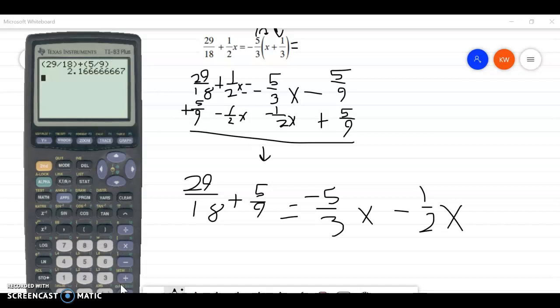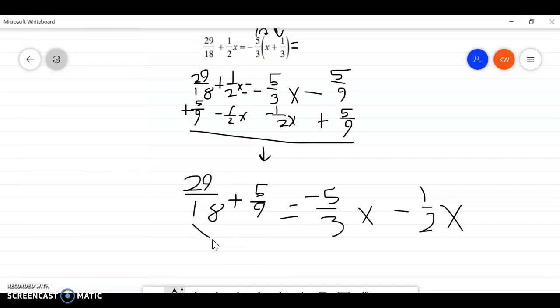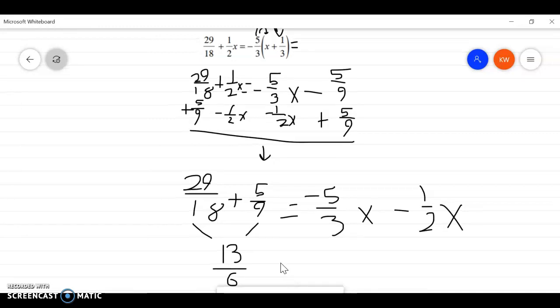Now when I do that, I get my decimal, and what I'm going to hit is the math button and the fraction key. This will make it so it'll turn it into a fraction for us, make it a little less for us to deal with. So when I do all the math here, this plus this actually gives me 13 over 6, I believe that was. 13 over 6, yep. There we go. All right.